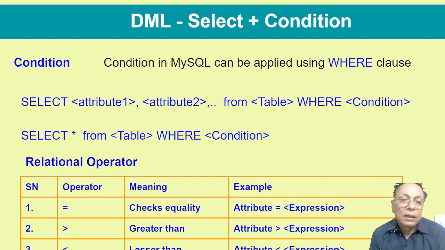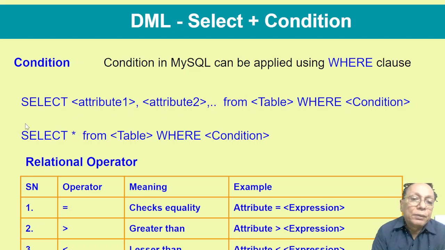So let's see. A condition in MySQL can be applied using the where clause. If you want to select particular rows from the table and apply a condition, the statement should be like this: select column 1 or attribute 1, attribute 2, and so on from table, and after the table we apply the where clause, and after where I have to give the condition.